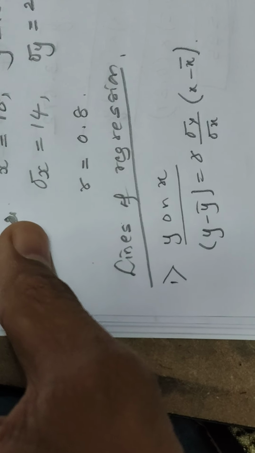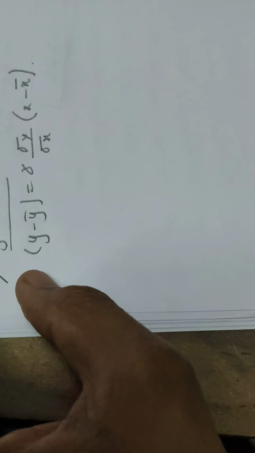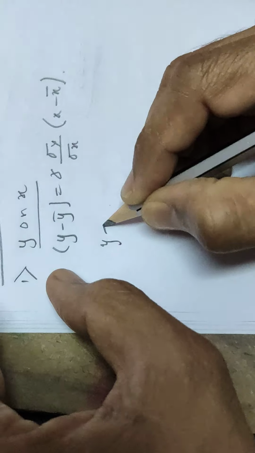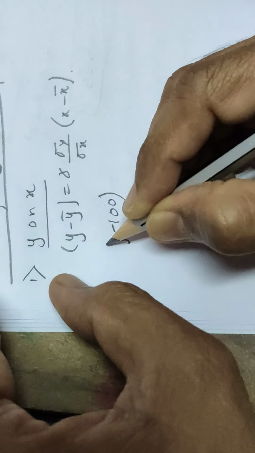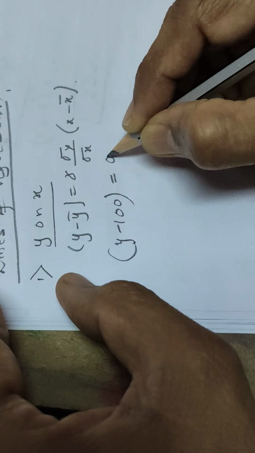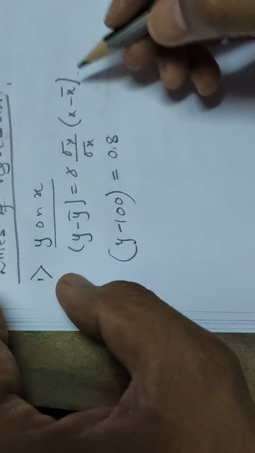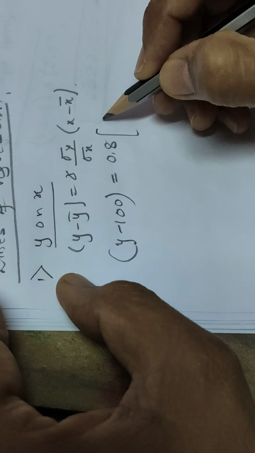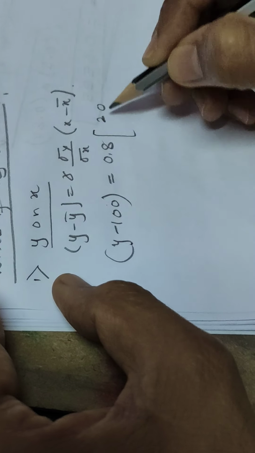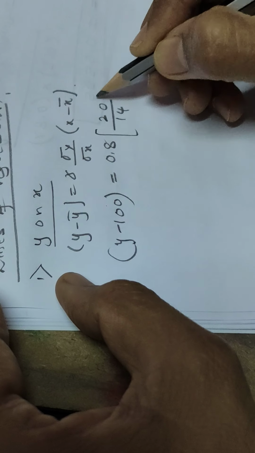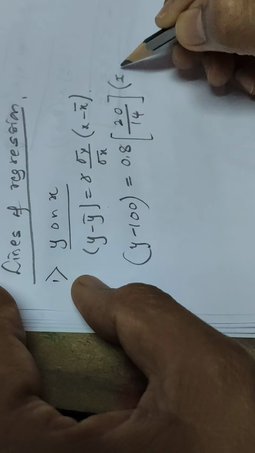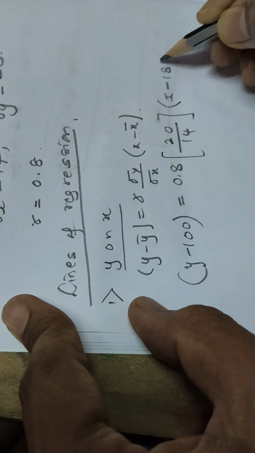I'll substitute the given values. y bar is 100, which is there. r is 0.8, which is given here. Sigma y is 20 by sigma x, which is 14, into x minus x bar, which is 18.